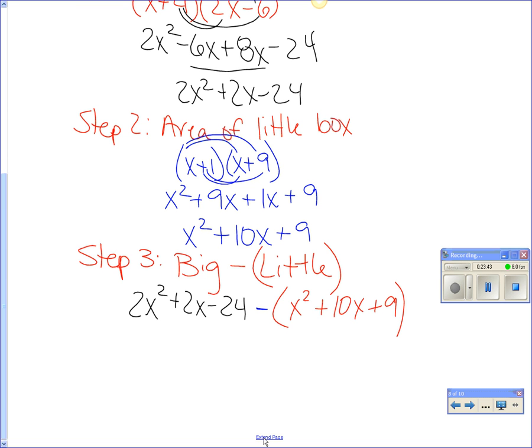All right, and please don't do all this work and forget about your parentheses because this negative goes to all of them. So it's negative x squared. What does the 10x become? Negative 10x and negative 9.